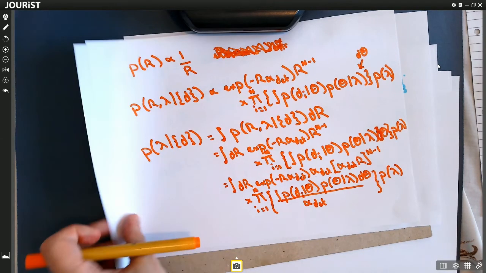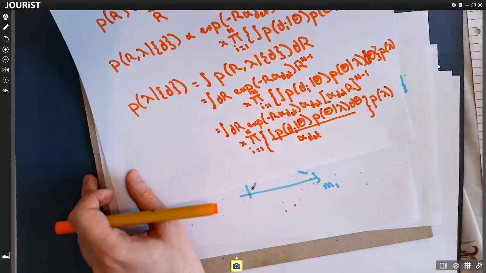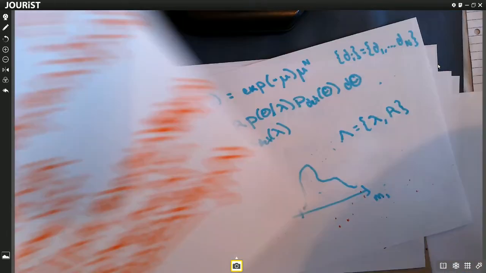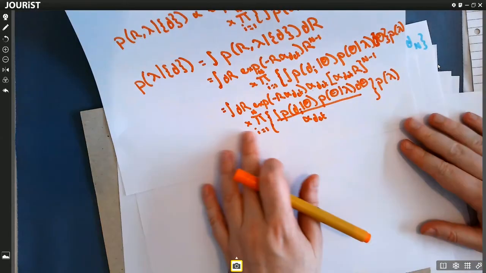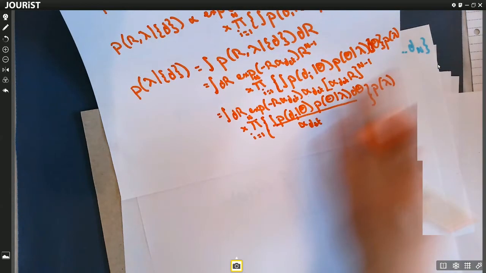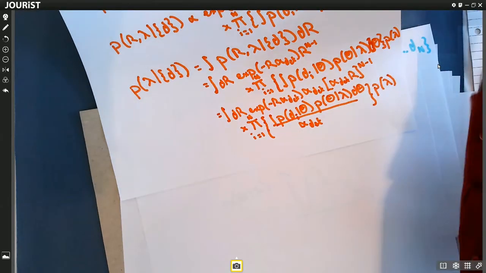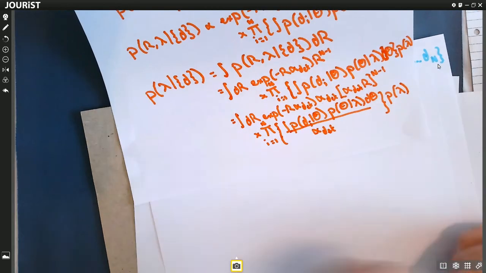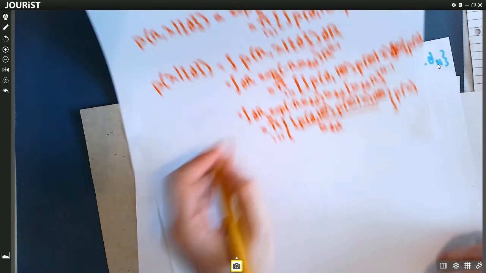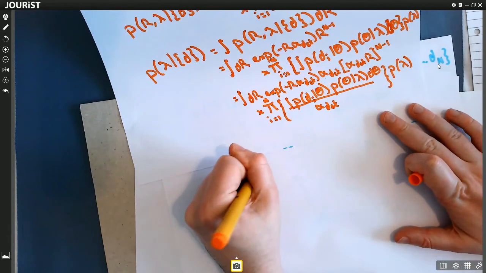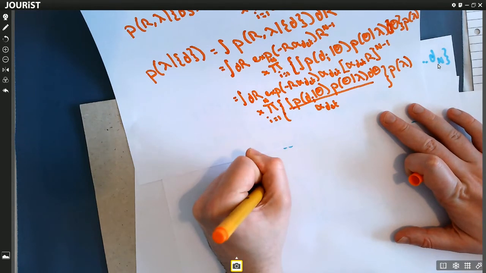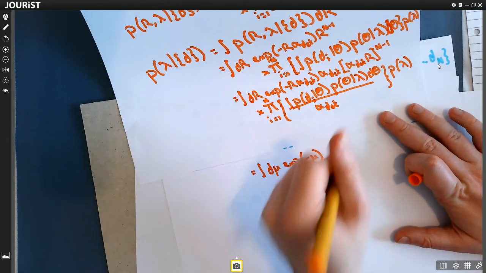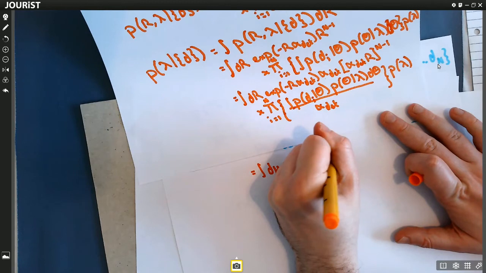Okay. What we can do here, just to simplify things slightly, it's complicating things to make them a little simpler. Let's change from working in terms of r to working back in terms of mu, our rate, which we know is r times alpha det. So this integral here is just equal to an integral over d mu, exponential of minus mu, mu to the n minus 1.